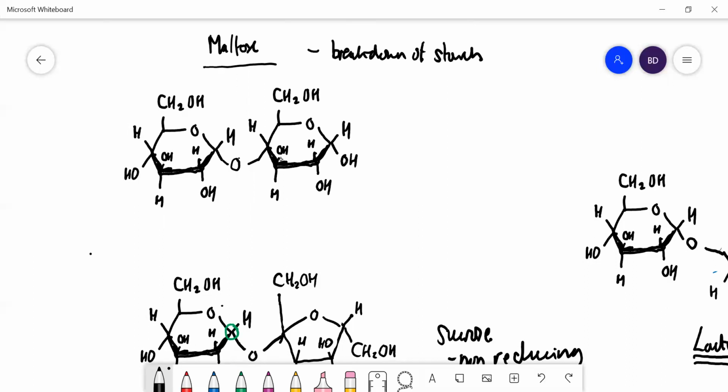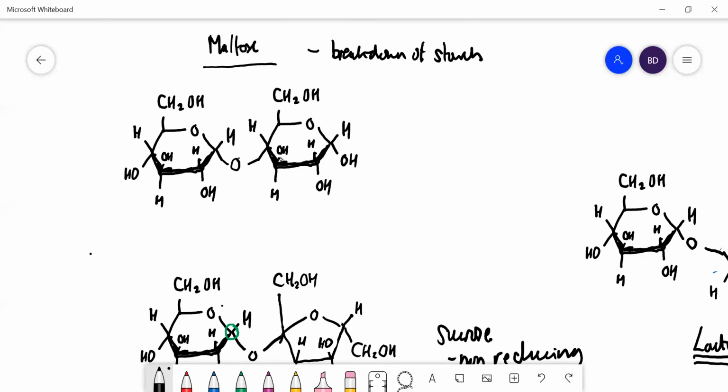It's got loads of starch in it. You allow it to germinate, so you allow it to sprout, and the enzymes it will make will digest the starch into maltose for the plant to use for respiration. And then as soon as it germinates, the tiny seedlings are killed by heating them, and they're ground up, and they contain large amounts of this disaccharide maltose, which gives that characteristic malty taste.